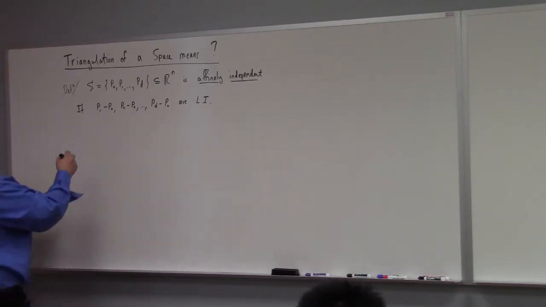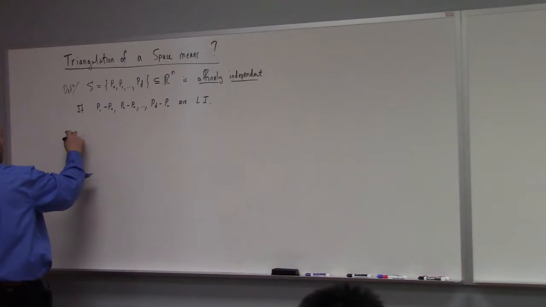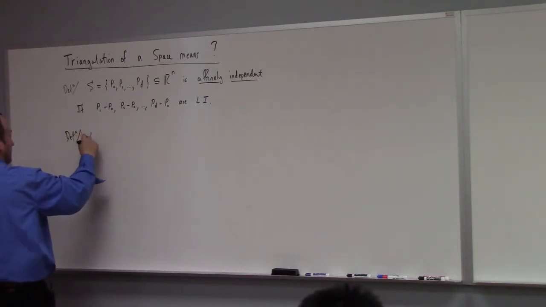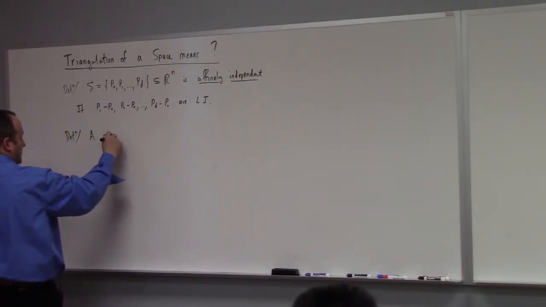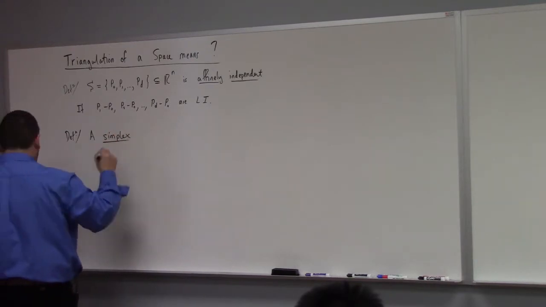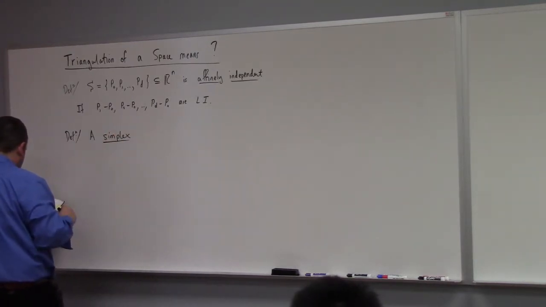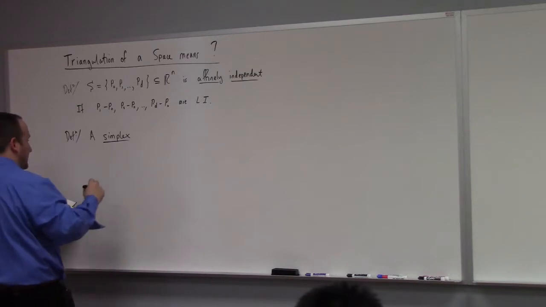A simplex. What's a simplex? A simplex is the convex hull of an affinely independent set of points.